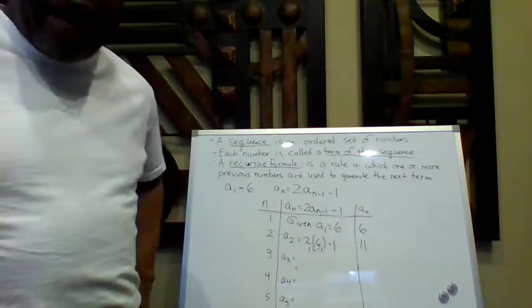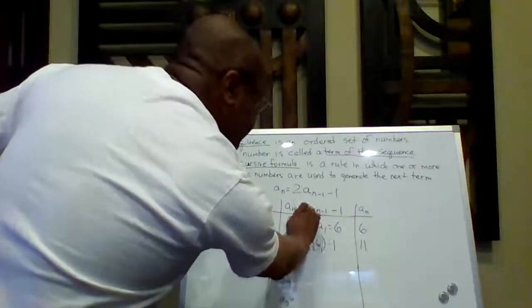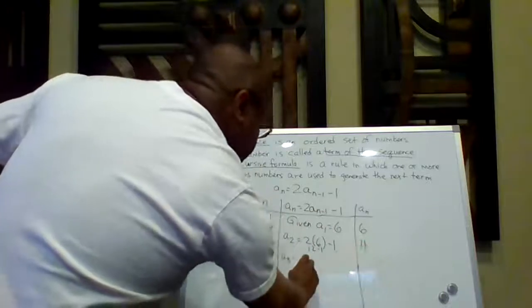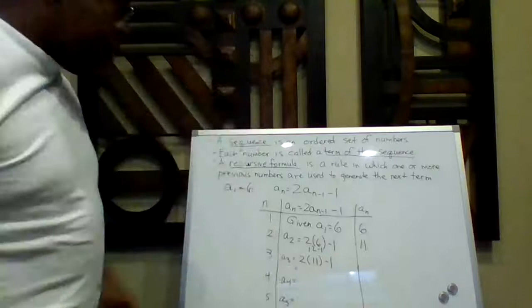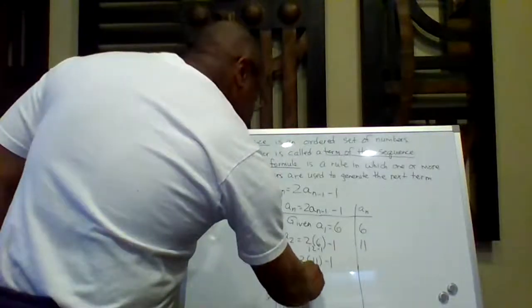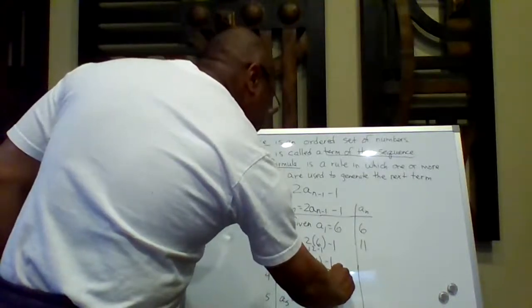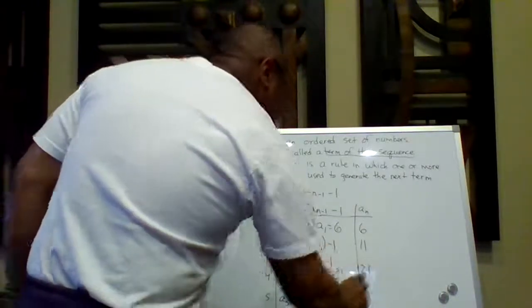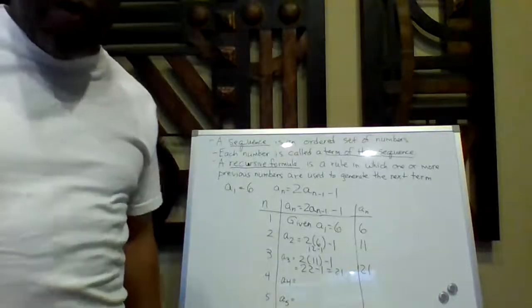Now to find a sub 3, we're going to replace that a sub n minus 1 with 11. So now it becomes 2 times 11 minus 1. 2 times 11 is 22, and 22 minus 1 will give us 21. So a sub 3 is 21.